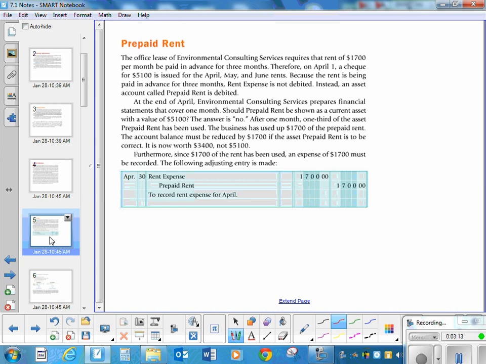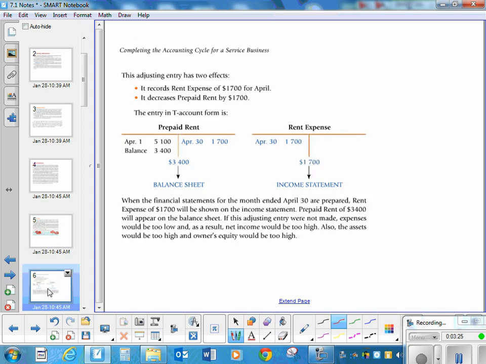So we have our asset is going to be credited $1,700, and we have a new account called rent expense, and that is an expense account that has a debit amount. So it's going to look like this. Your prepaid rent is starting with $5,100. On April 30th, you're using up $1,700.